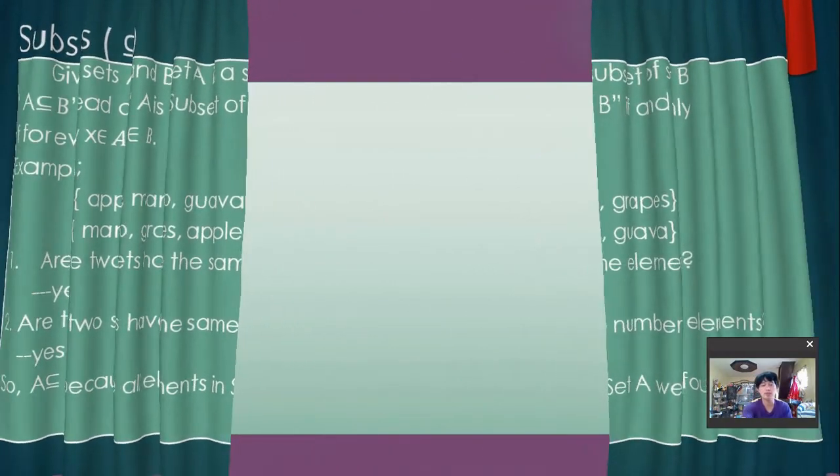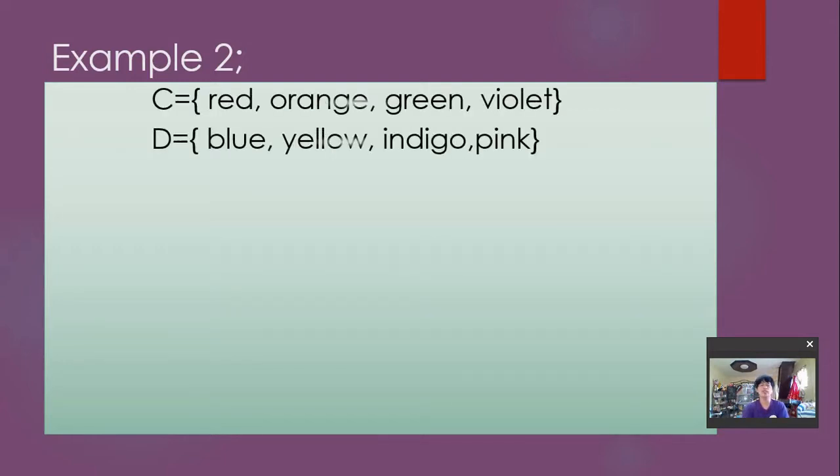Let's have example number 2. Set C whose elements are red, orange, green, violet. Set D whose elements are blue, yellow, indigo, and pink. Now, my question is, do they have the same elements?